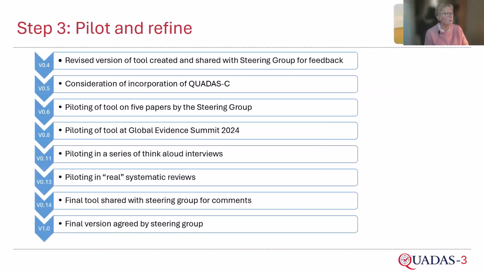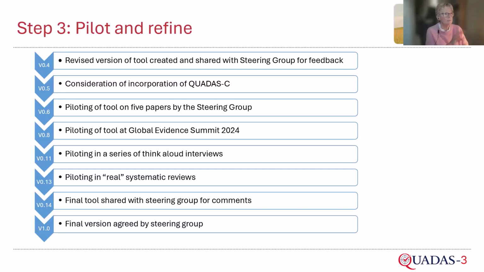And then step 3, which was piloting and refining the tool, we first of all shared the tool with our steering group for feedback, for a wider steering group. We considered incorporating QUADAS-C in QUADAS-3 and decided against that at this stage. QUADAS-C probably will be undergoing some further development.